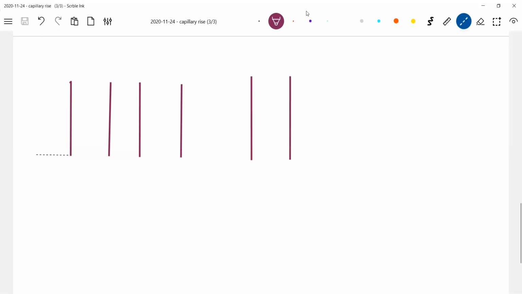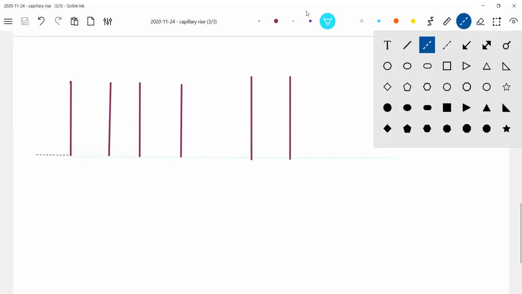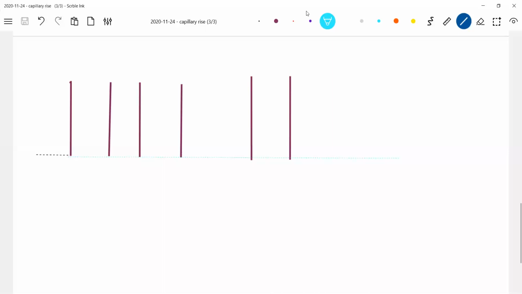Let me draw the first horizontal line. Free surface of liquid it is. I'm giving good diagrams because they are very important. Students often get confused.